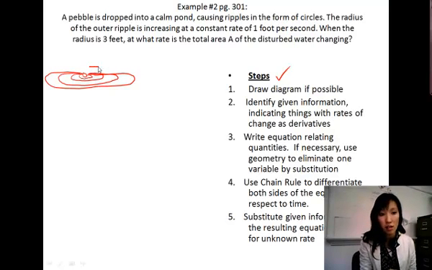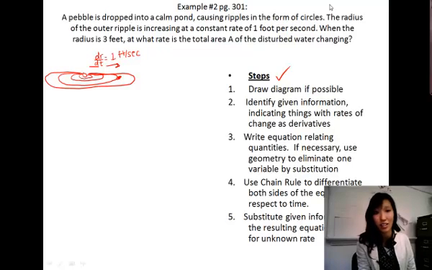So I'm going to draw an arrow going this way, and for the outer ripple, we're talking about this radius here. It's a rate of change, so I'm going to say dr/dt is equal to 1 foot per second. So the rate of change of r with respect to time is 1 foot per second, and it makes sense that it looks like a speed because we're talking about a derivative, an instantaneous rate of change, which is also an instantaneous velocity in a lot of cases.